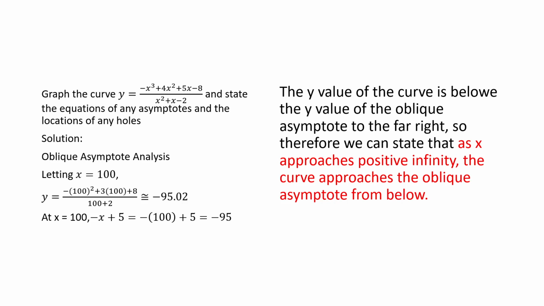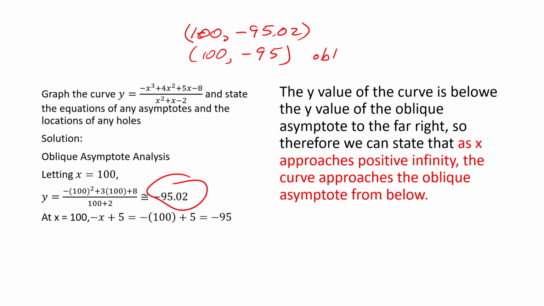To the far right, if I let x equal 100, the y value on the curve is -95.02, but the y value on the oblique asymptote is -95. That tells me that as x goes to positive infinity, the curve is approaching the oblique asymptote from below.